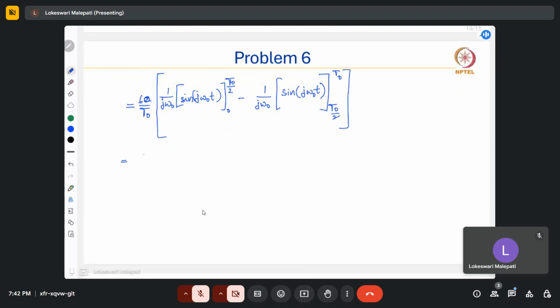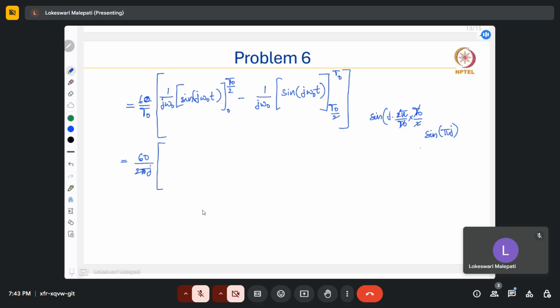So this would be 60 by 2 by 2 pi j. I'm just taking j omega naught common and then substituting for omega naught, which is 2 pi by t naught. So that would become 2 pi j. Now we have sine of j omega naught t, that means sine of j 2 pi by t naught multiplied by t naught by 2. So we have sine pi j.